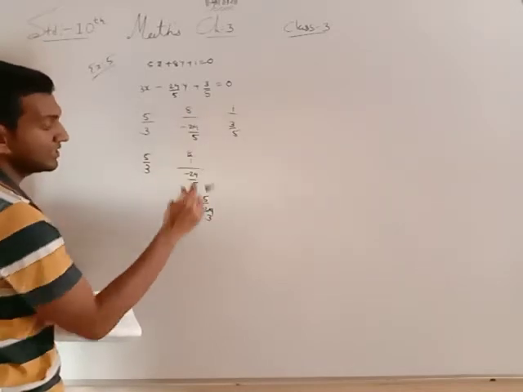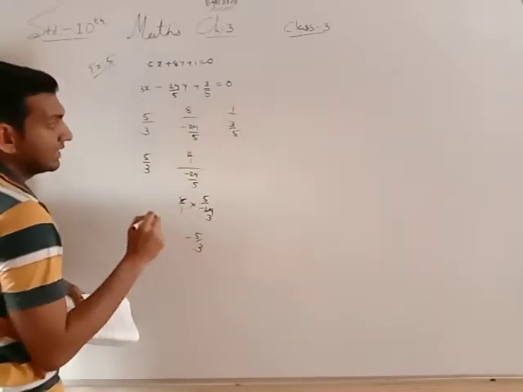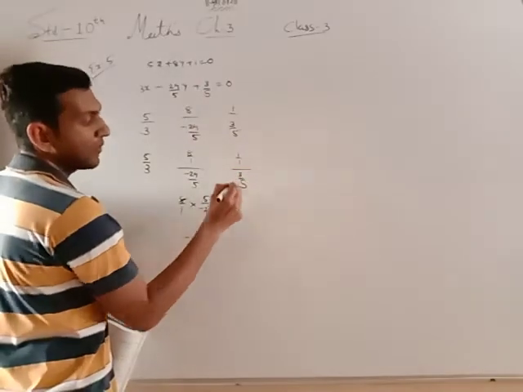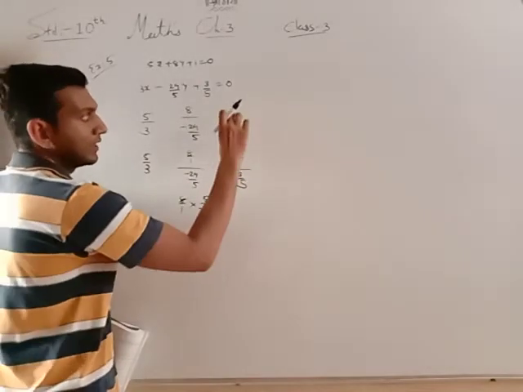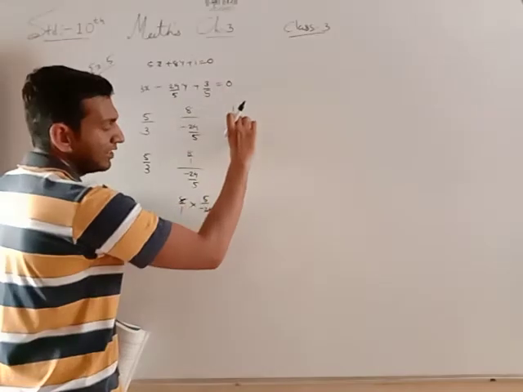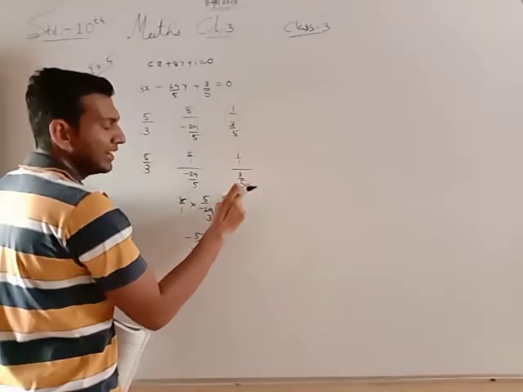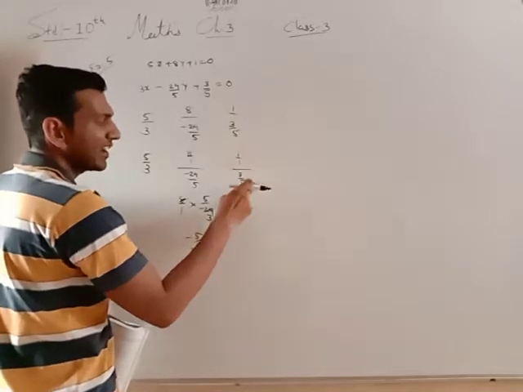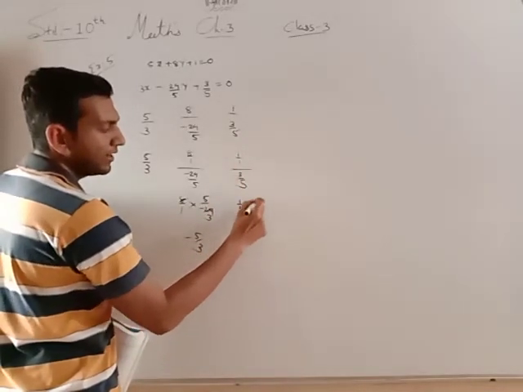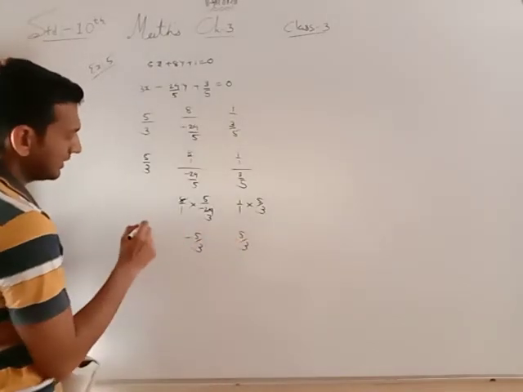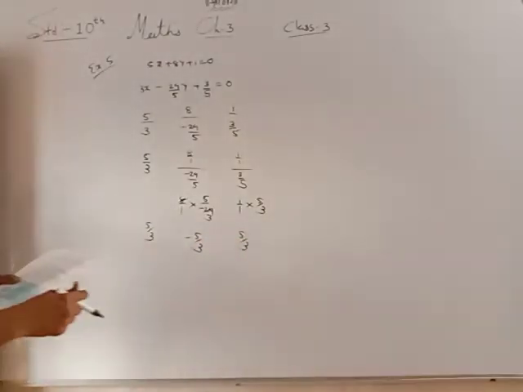The solution of this term is minus 5 by 3, and 1 upon 1, 3 by 5. The numerator is only one number and the denominator is a fraction, so first write the numerator in the form of a fraction. Then 1 upon 1 into 5 by 3, you get 5 by 3.